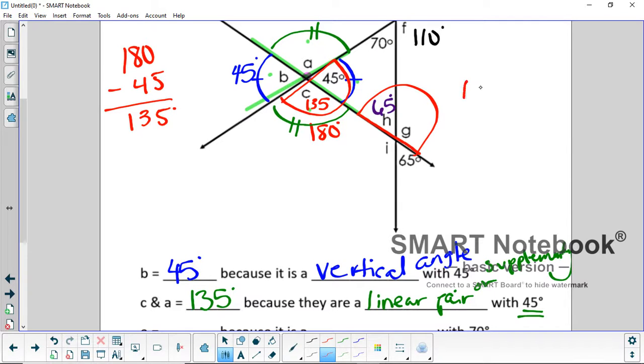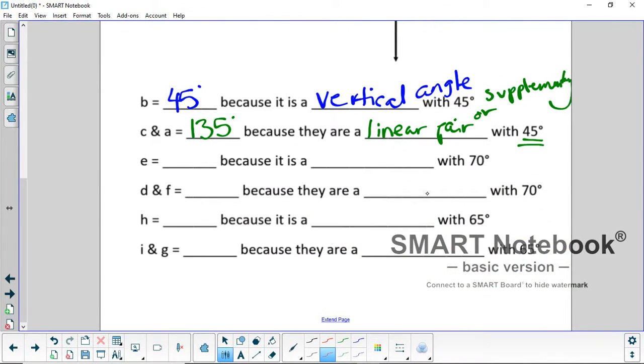So they have to add up to 180 degrees. If I take that 180 and subtract off the 65, I get 115 degrees left over for G, which means that I is also 115 degrees because it is a vertical angle with angle G. So you can use that information to fill out your notes here.